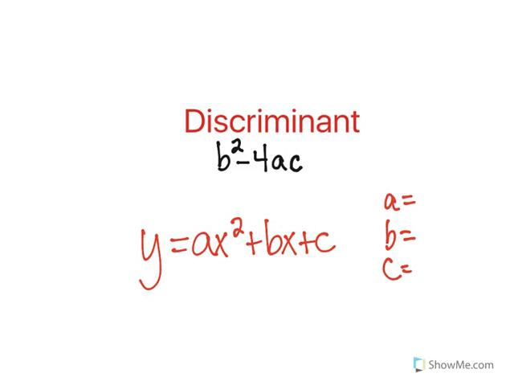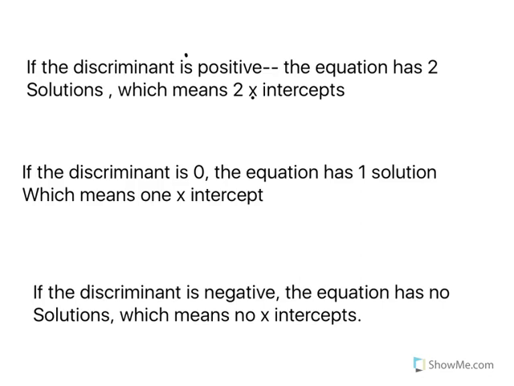Okay? Once we get that answer, we're going to have a couple of choices. And this right here is what you need to write down on your blank space that says discriminant. We are going to do the math of b squared minus 4ac for a bunch of standard form equations.